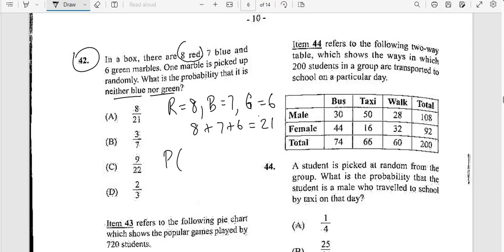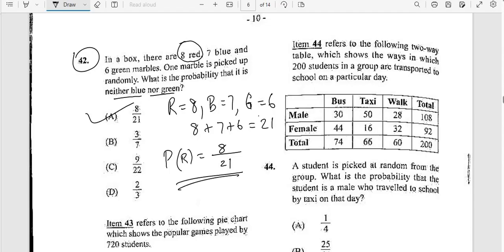It's the same thing as asking what is the probability of picking red, because red is the only set of marbles that we have that are not blue or green. So the probability of picking neither blue nor green is going to be the probability of picking red, which is 8 out of the total, which is 8 out of 21.